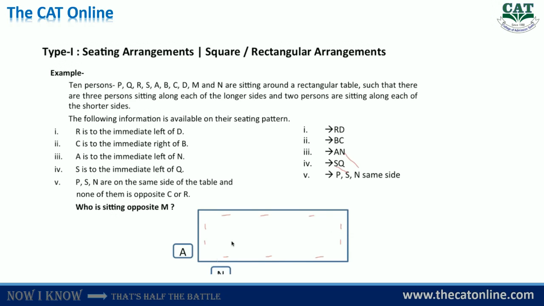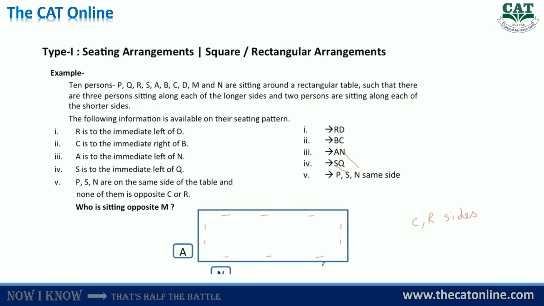We also know from the fifth point that P, S, N are not opposite to C or R. It means C and R are on the sides. The second information that we can use is that S has to be over here, and towards the left of S has to be Q. So S cannot come over here.